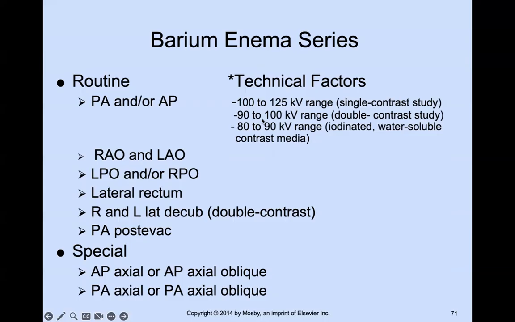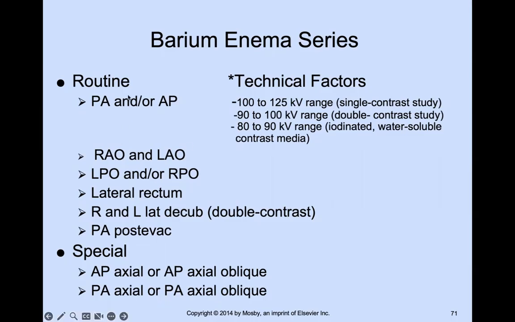Let's say we're doing a double contrast exam, meaning barium and air. Because there's air involved, not just barium, our kVp will be lower, 90 to 100. Now for water soluble, which is a lot thinner than barium, we're going to use 80 to 90 kVp range. Those are very important ranges to remember.